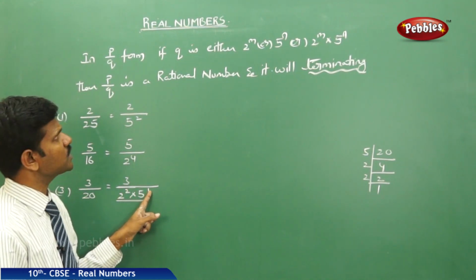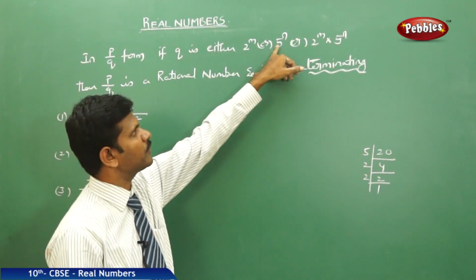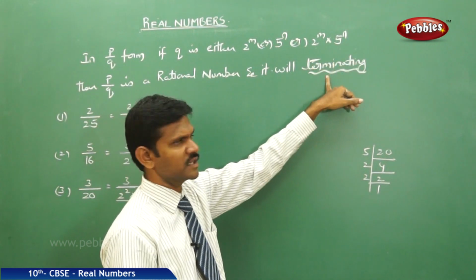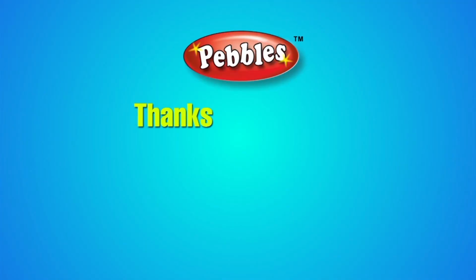Therefore the conclusion is, if the denominator is of the form 2 power m or 5 power n or 2 power m into 5 power n, then it is a terminating decimal.